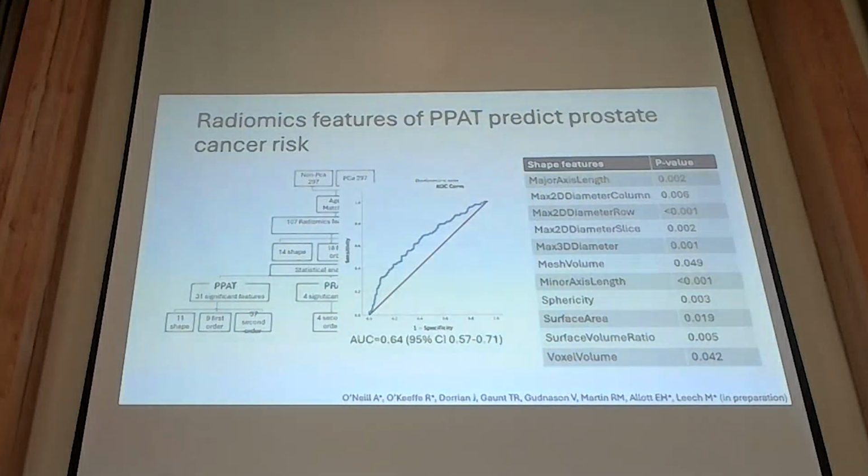This analysis was done by creating a nested case-control study within UK Biobank, finding the 297 incident prostate cancers that were diagnosed post-imaging, and then age matching those to 297 controls. We applied the radiomics software to identify our features, did dimensionality reduction on those, and then used logistic regression and an ROC analysis to find those features predictive of prostate cancer risk.